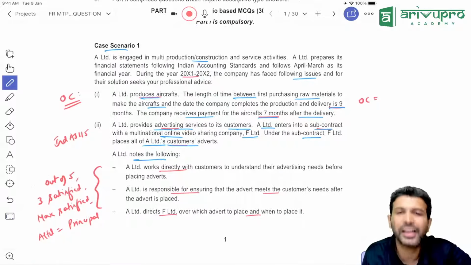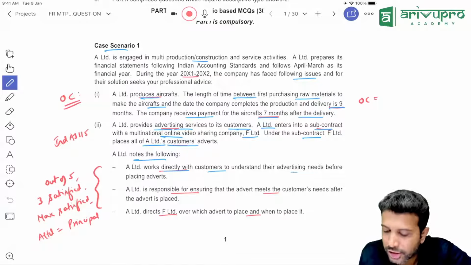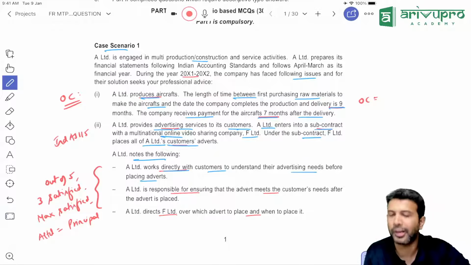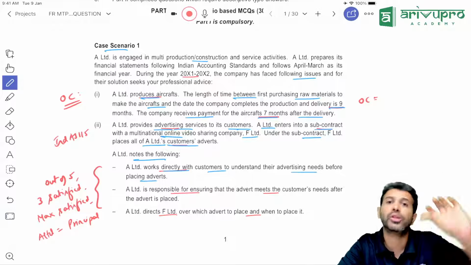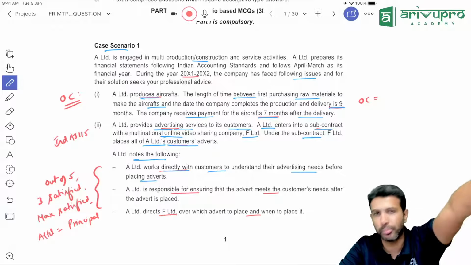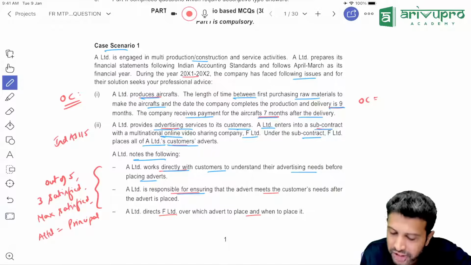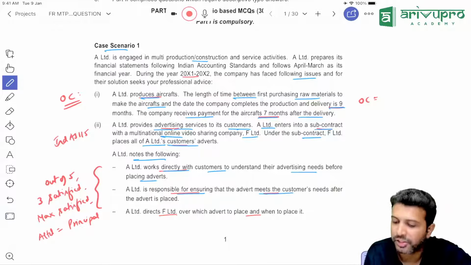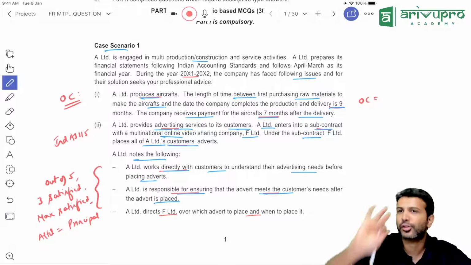A Limited notes the following. A Limited directly works with the customers to understand their advertising needs before placing the advertisement. So A will sit with the customer to understand their requirement, how the advertisement should be published, the content, the mode of content, etc. A Limited is responsible for ensuring that the advertisement meets the customer's needs after it is placed. So we have to satisfy the customers.